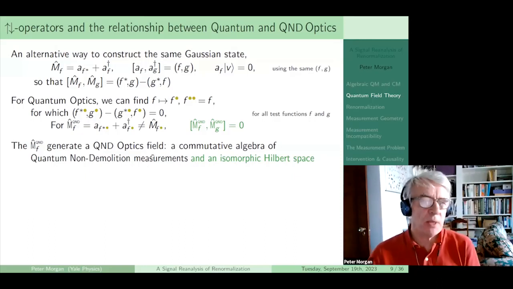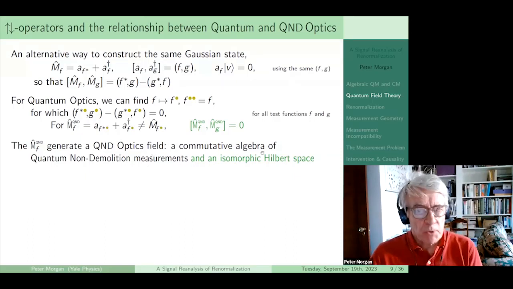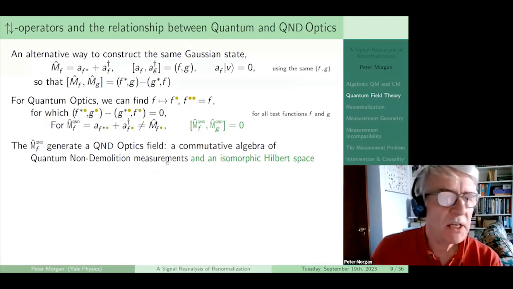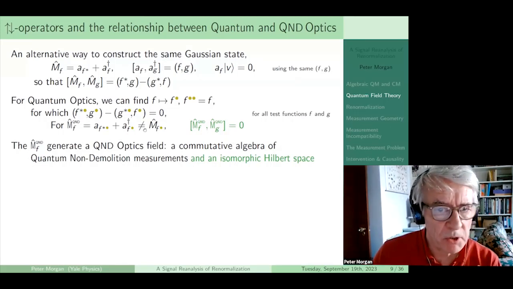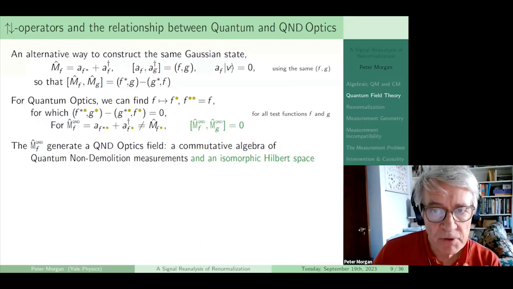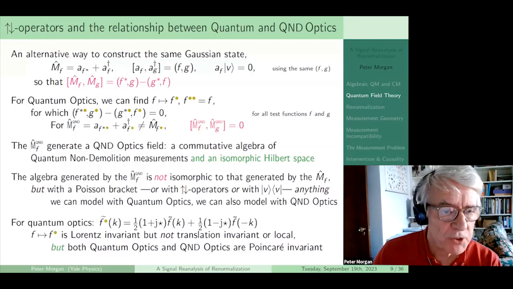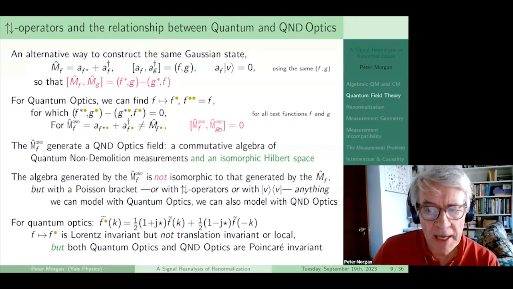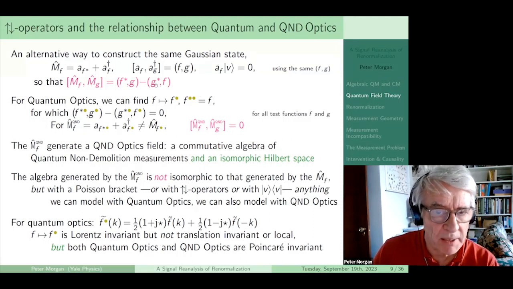So these generate a QND optics field, a commutative algebra of quantum non-demolition measurements, and the Hilbert space is isomorphic to what we had for quantum optics because we use the same raising and lowering operators and the same vacuum vector. But of course, the algebra generated by the F QND measurements is not isomorphic to that generated by the F measurements here.